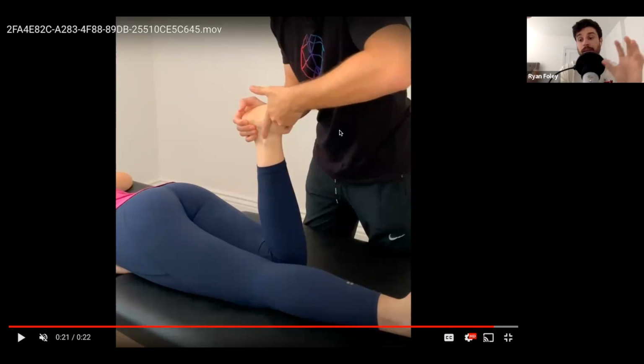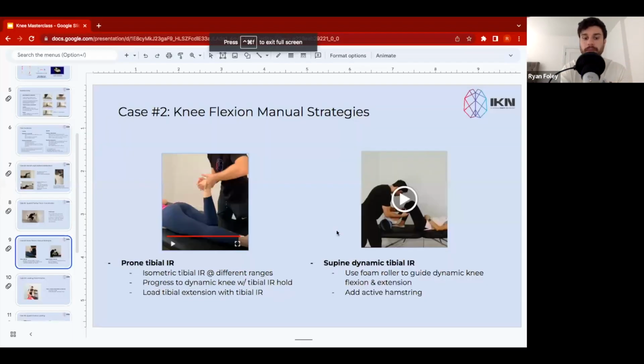So I'm still facilitating some internal rotation of the tibia, but now I'm asking the client to not generate torque into internal rotation of the tibia, but to generate torque and force into tibial extension. So we can start to get some load into the distal quadriceps in more of a lengthened position, okay, which is going to be important for me to be able to flex the knee, flex the tibia.